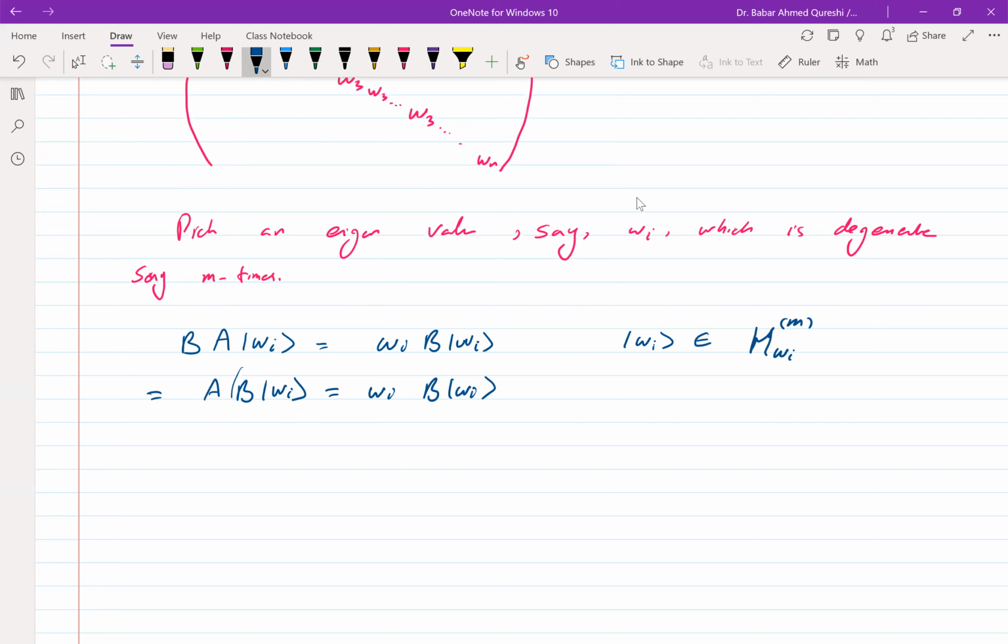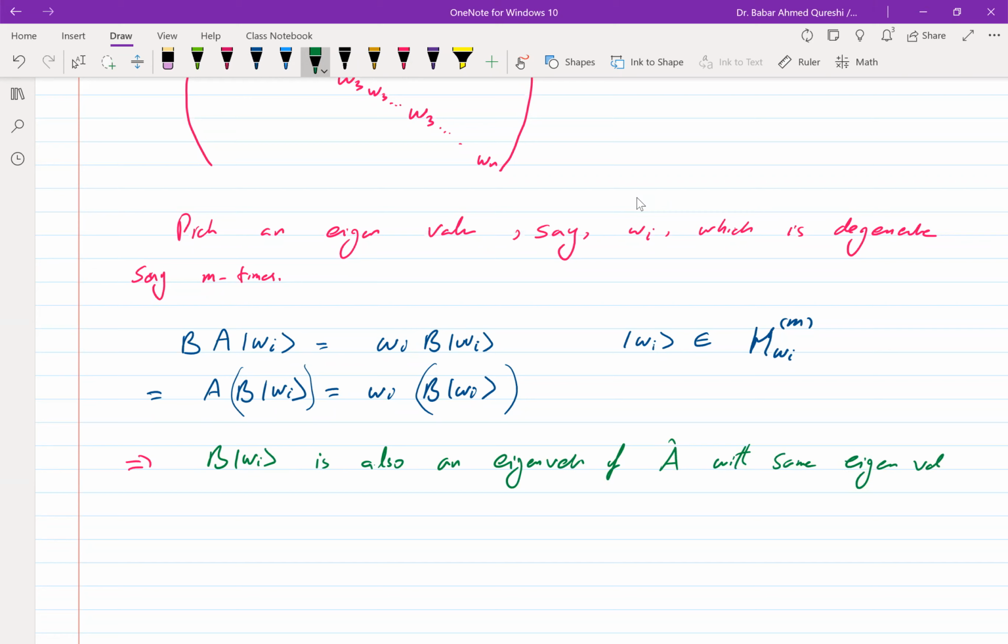When I flip it, so what is this equation saying? This is saying B Wi is also an eigenvector of A with the same eigenvalue Wi.